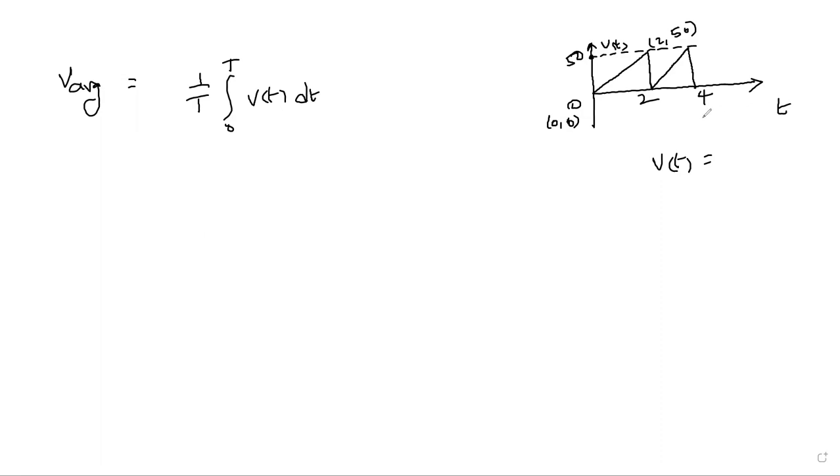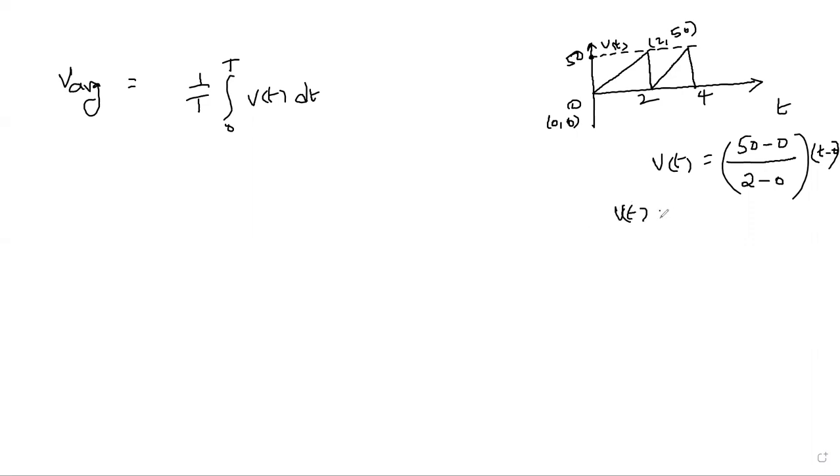Y2 minus y1 by x2 minus x1, that is 50 by 2, multiplied with the corresponding time period t minus 0.